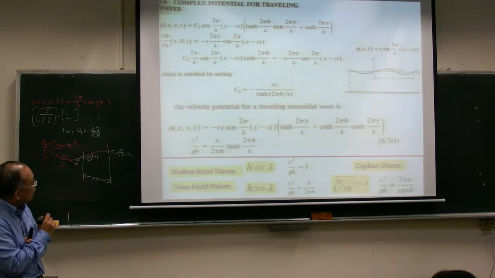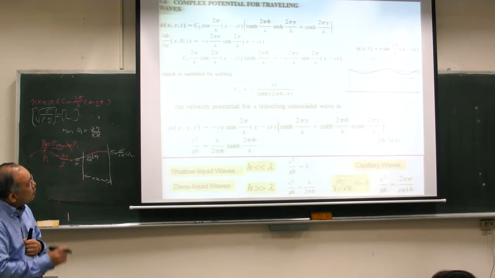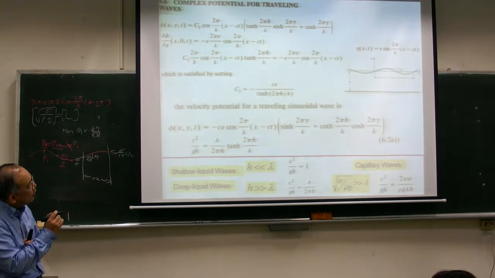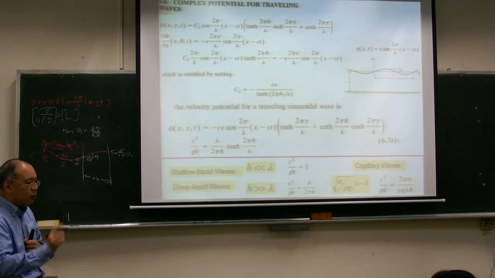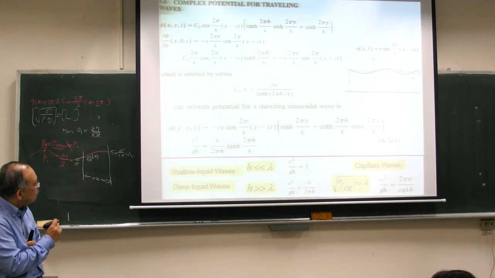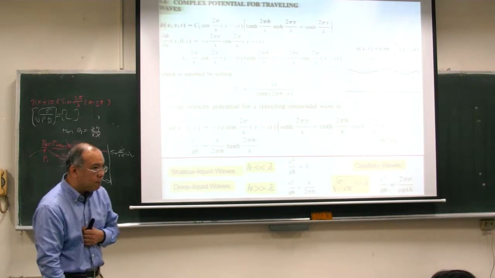Since we assumed epsilon sine of 2 pi over lambda times x minus ct, C and lambda cannot be arbitrary. They have to satisfy this dispersion relation in order to satisfy our dynamic boundary condition.